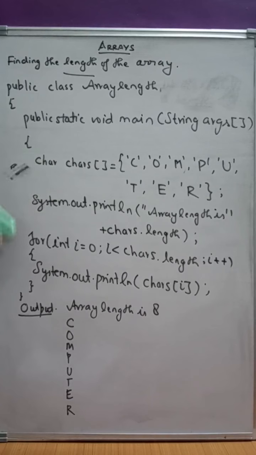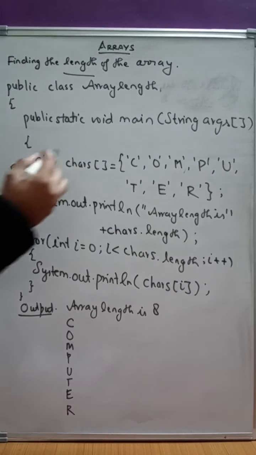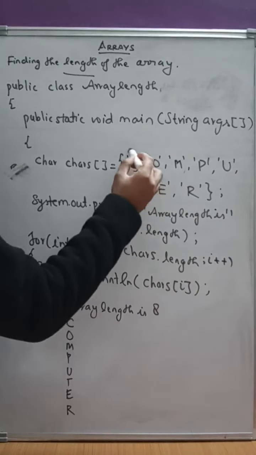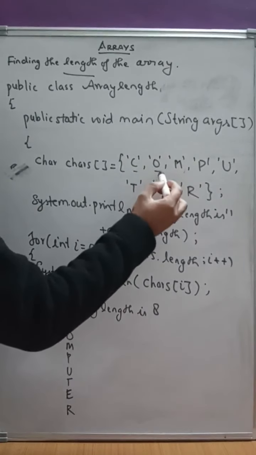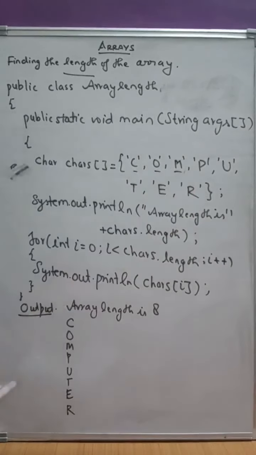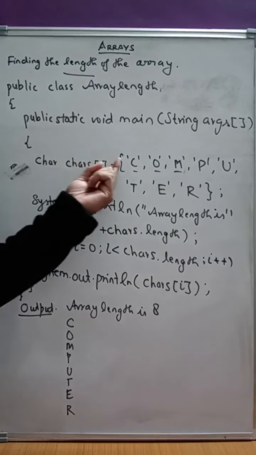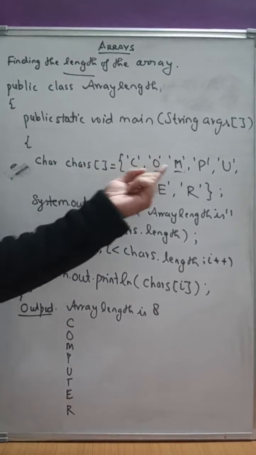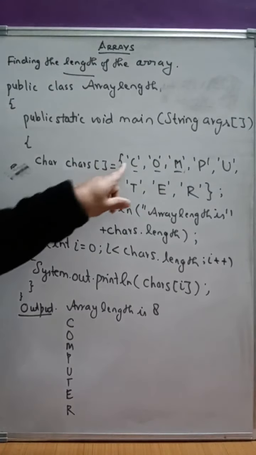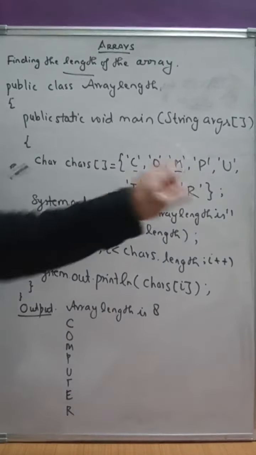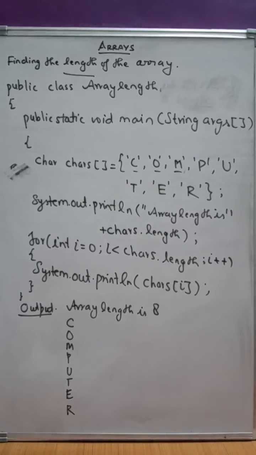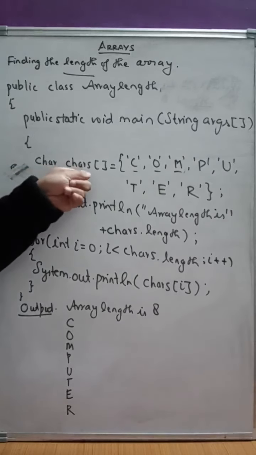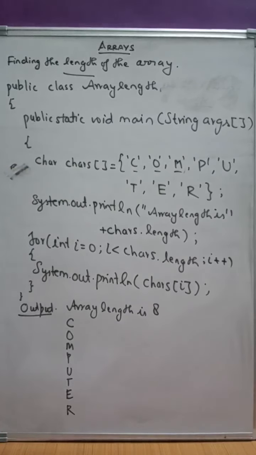That's why you can see that I have written C in single inverted commas, O in single inverted commas, M in single inverted commas. In a similar way, I have written all the letters that are present in the word COMPUTER. Once we have initialized the values of this char data type, the next thing is to find the length.